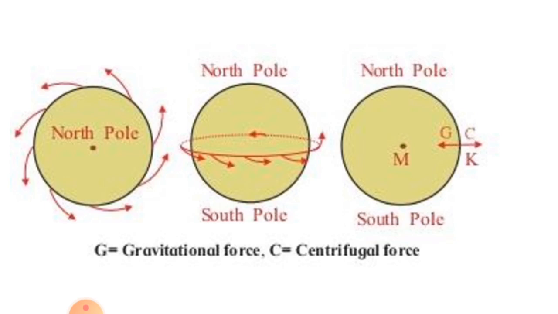So these forces are opposite to each other. In the last diagram, at the middle point, G and C are mentioned. G means gravitational force and C means centrifugal force. Already we have learned what gravitational force and centrifugal force are.